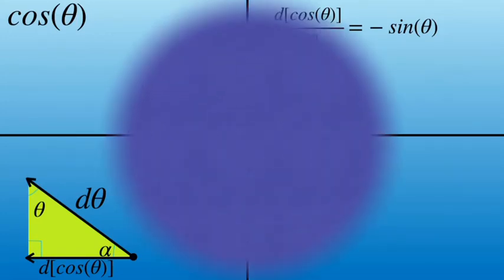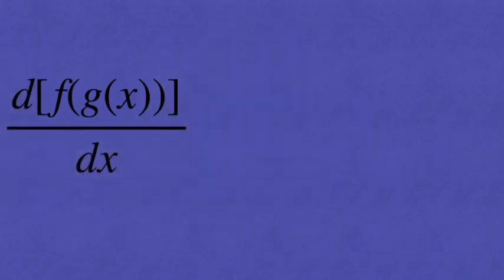Now let's move on to the next one. This and the next two are actually just rules about derivatives of different functions, I guess you could say, or different groups of functions.